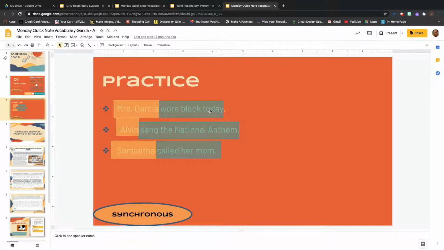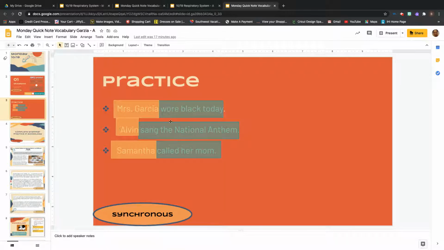If we're looking at sentence number 2, Alvin, he's my subject. What did he do? He sang the national anthem. That's my predicate. And then for the third one, Samantha, that's my who. And what did Samantha do? She called her mom. That's my predicate. So I hope this is making sense. Subject is who or what, and the predicate is what did they do?